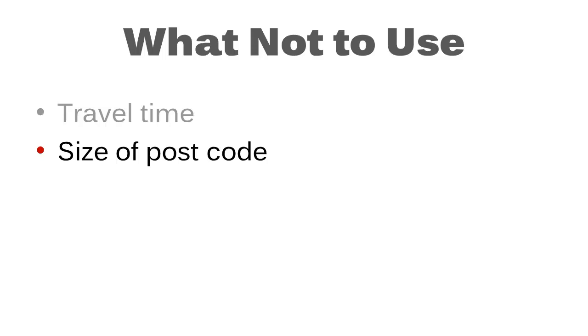The problem with that is that most geographies, when they're created, most postcodes or zip codes, are defined such that in heavily populated areas they're very small, and in areas which are very unpopulated they're very large. So the potential and the work associated with the zip code can actually be inversely proportional to the area of the postcode or zip code. So we'd recommend that you don't include that as a measure.